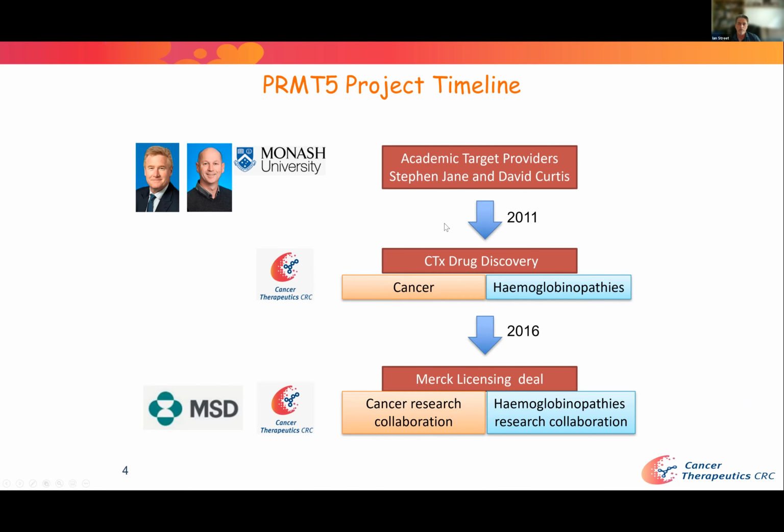So we took this on in 2011. Within the CRC, we conducted the drug discovery process over about 5 years to 2016, and then licensed the whole package to Merck Sharp and Dohme in the US to take into clinical trials. So I'm just going to take you through this process as a quick introduction.